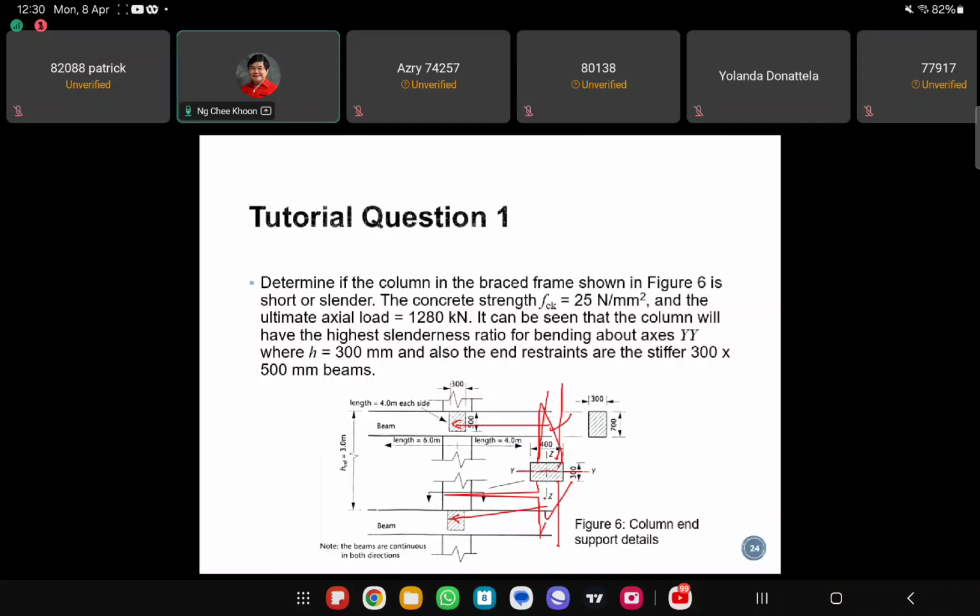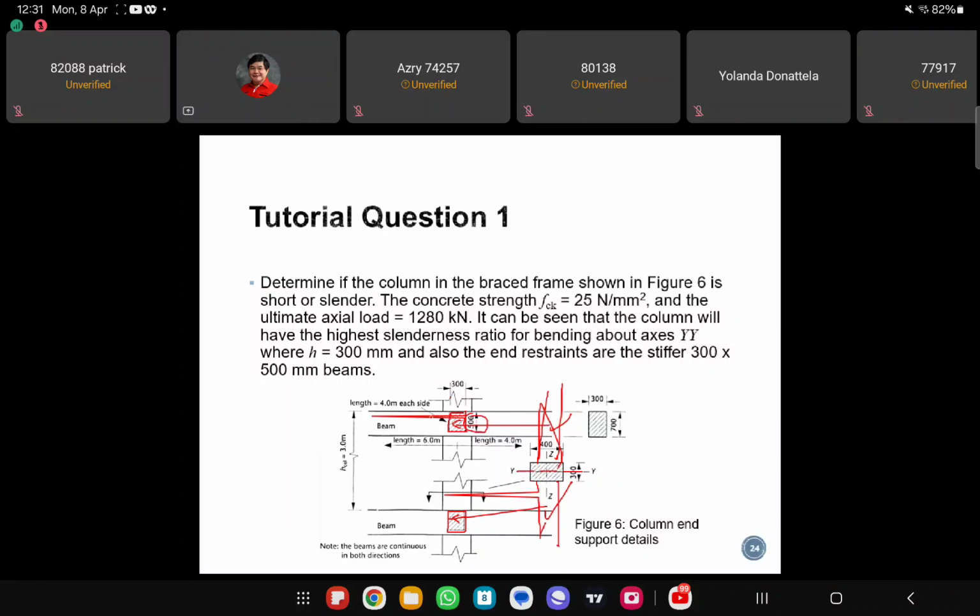So for y-axis bending, it will be restrained by this beam on top, and then this beam at the bottom. The measurement of the beam restraining y-axis bending is 500.